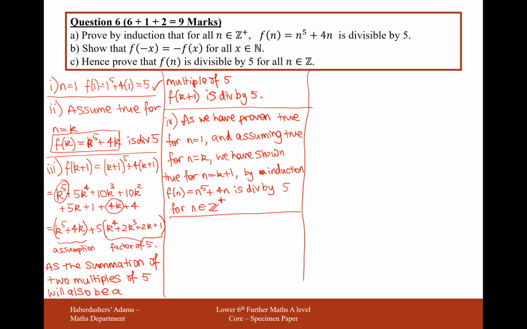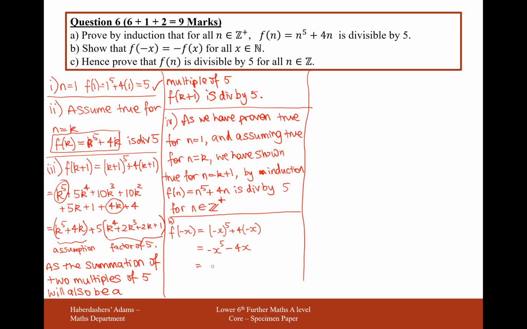Right, okay, part B is show that f of minus x is equal to minus f of x. Okay, so f of minus x is going to be minus x to the power of 5 plus 4 lots of minus x. We know that this is going to be the same as minus x to the 5 minus 4x.